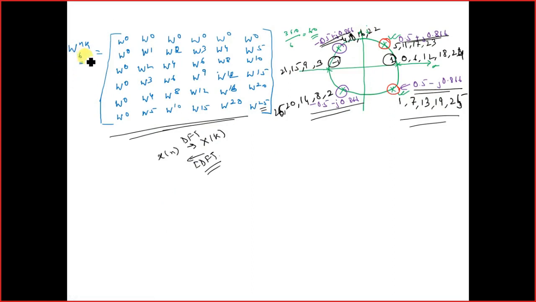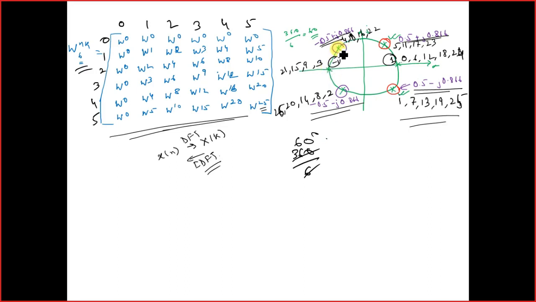Similarly, we can calculate W_N^kn for N=6. First, make the matrix values, say 0, 1, 2, 3, 4, 5. Similarly, 0, 1, 2, 3, 4, 5, and so on. And then 360 by 6, so 60 degrees apart. From 0, then 60 degrees apart from here, 60 degrees apart from here, 60 degrees apart from here, it will be coming at this pi, right?